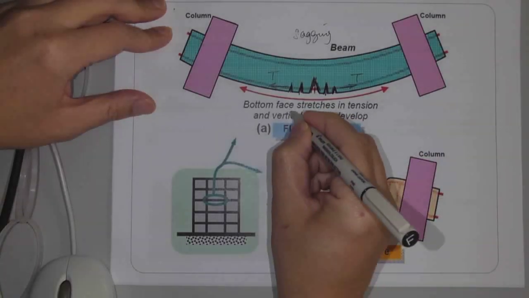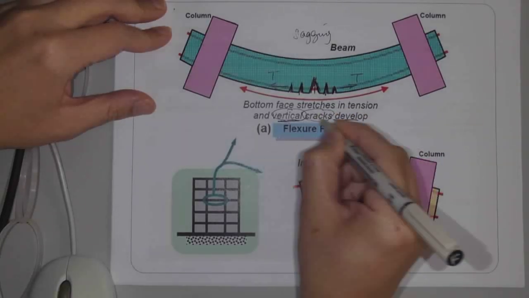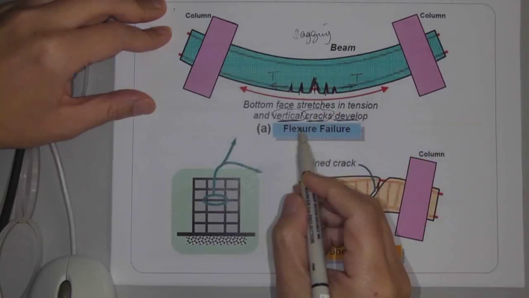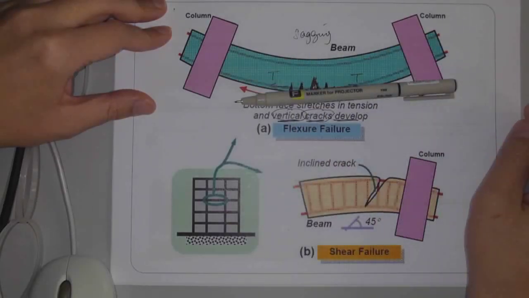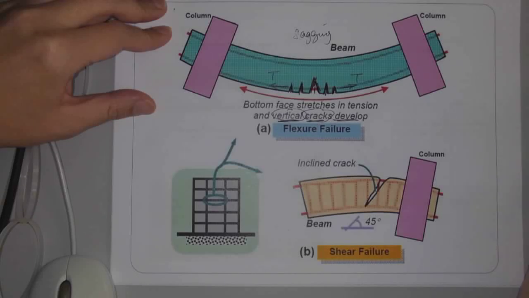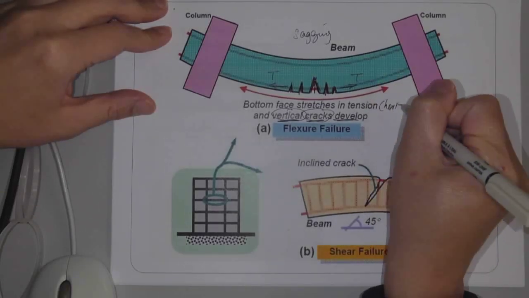You see the words here, vertical cracks develop. You can underline it. Why vertical? Because the tension is horizontal.